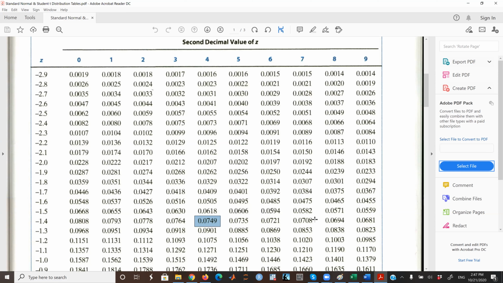That's the closest we can get. Am I clear? So who said minus 1.44? That's correct. That's the Z critical, right? Because you see that probability 0.0749 corresponds to minus 1.4, and then on the top you have 4.